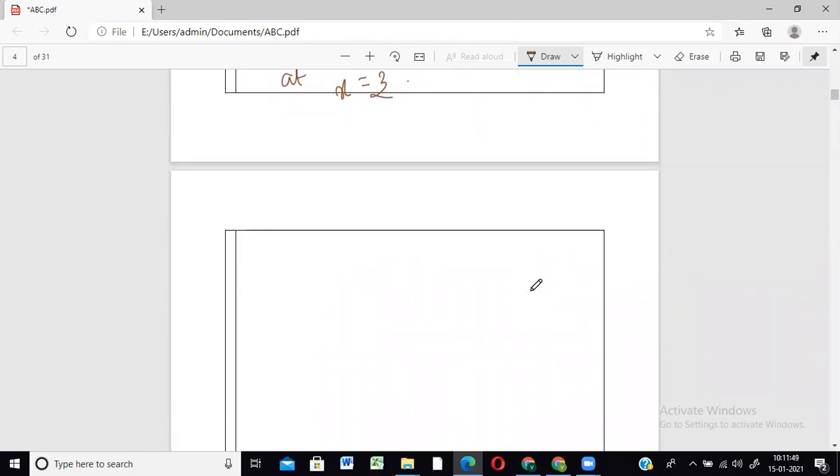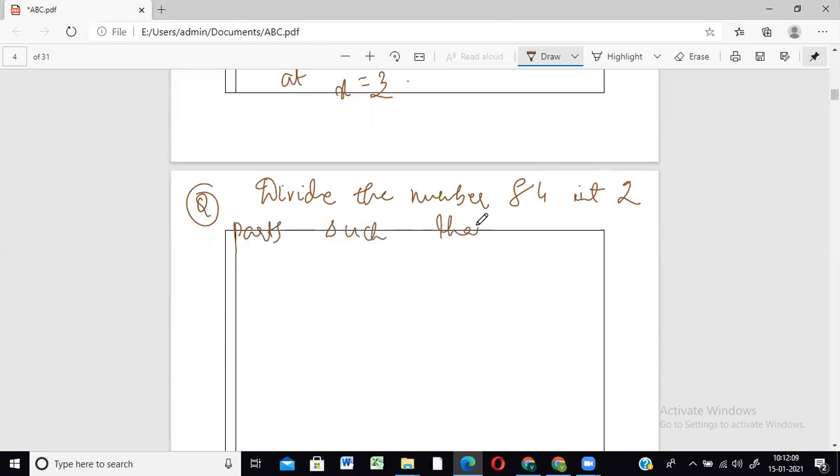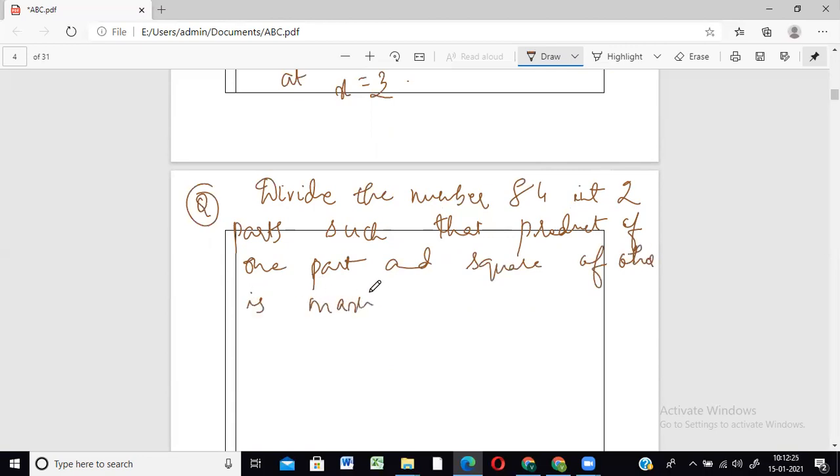So for example, if you have a word problem question like this, this is one word problem. This is again based on maximum minimum function, but they're not giving you the function directly. We have to frame it. So: divide the number 84 into two parts such that the product of one part and the square of the other is maximum.